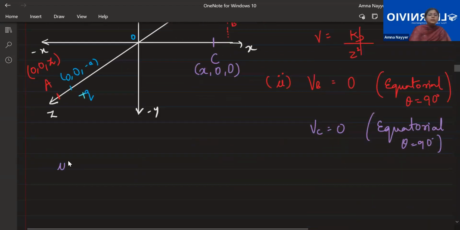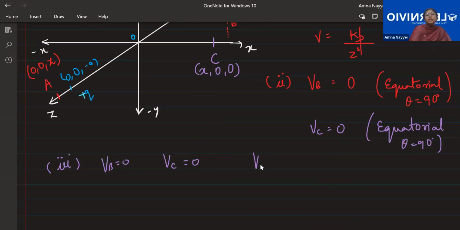So for the third part, see, VB is 0, VC is 0, VC minus VB will be 0, which is delta V. So work done is e into delta V. Why e? Because a proton is given.